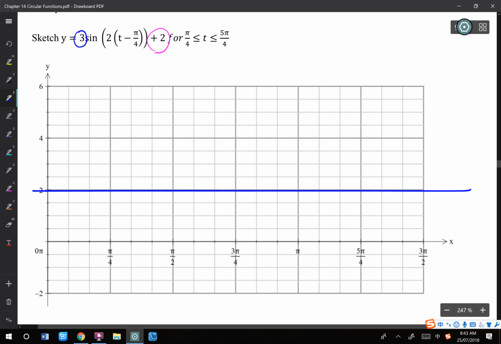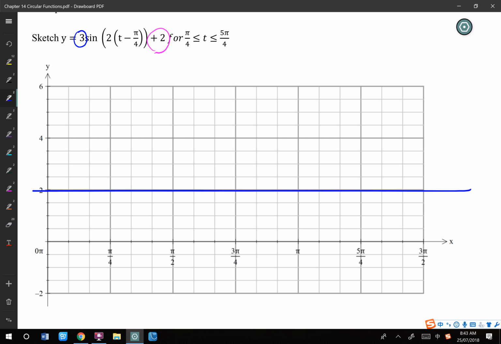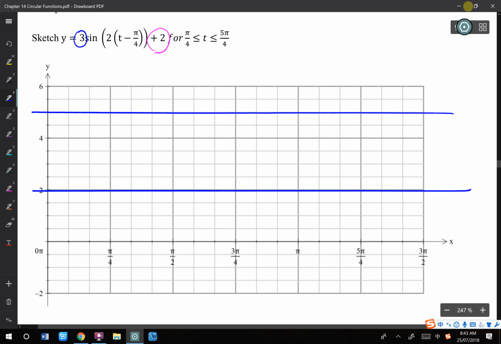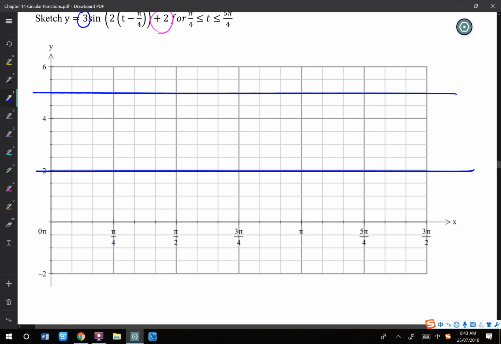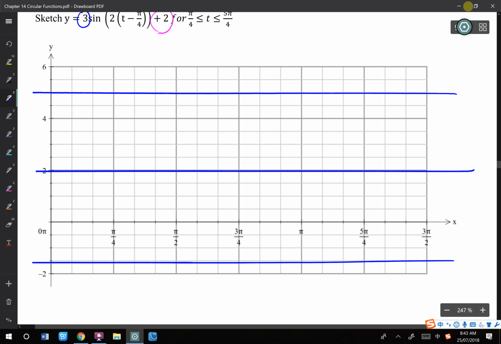These decide whether it's max or minimum. So that's the going up and down. From 2 going up by 3 units, you have this. And going down by 3 units, which is here.